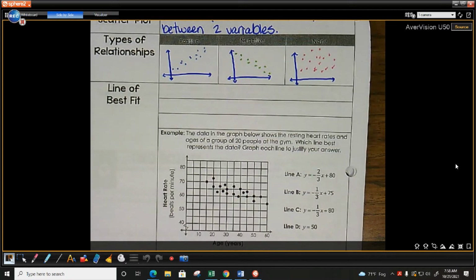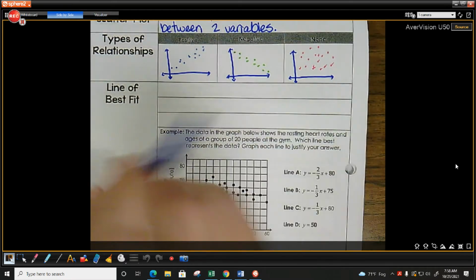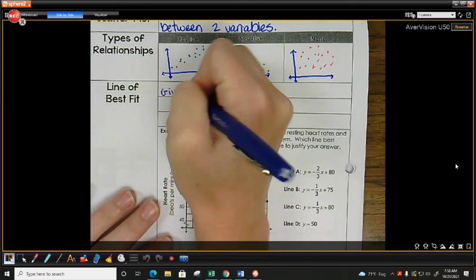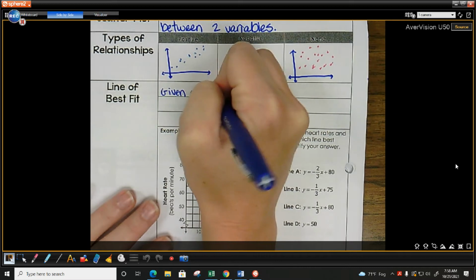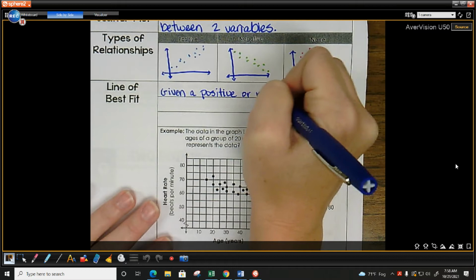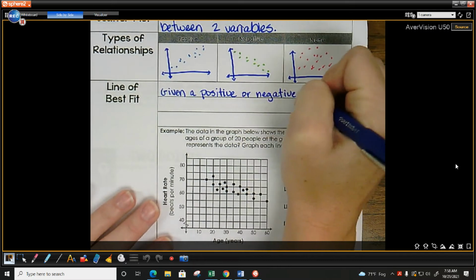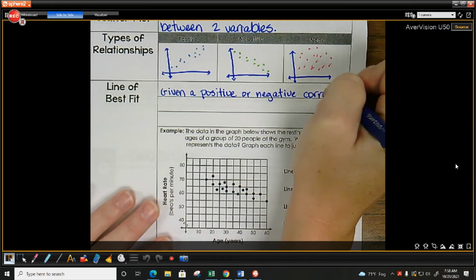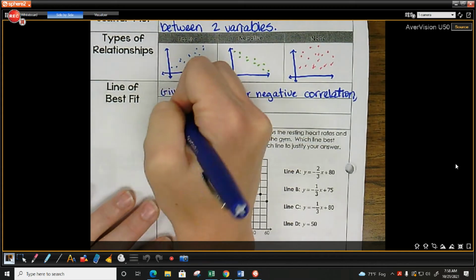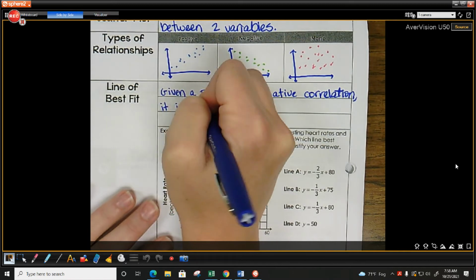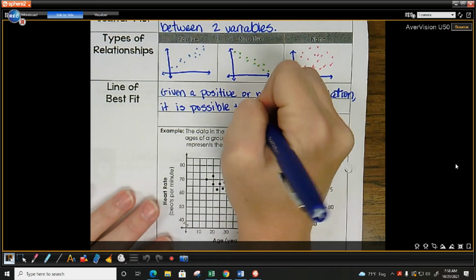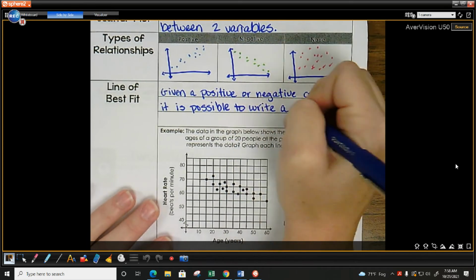A line of best fit is given a positive or negative correlation. Correlation just means relationship, guys. It is possible to write a prediction equation.